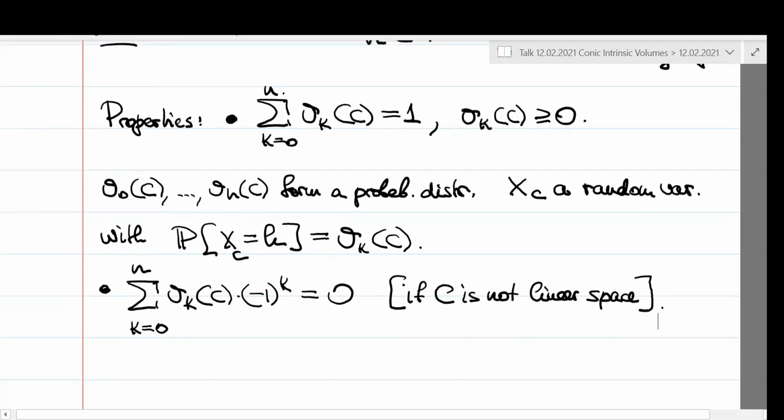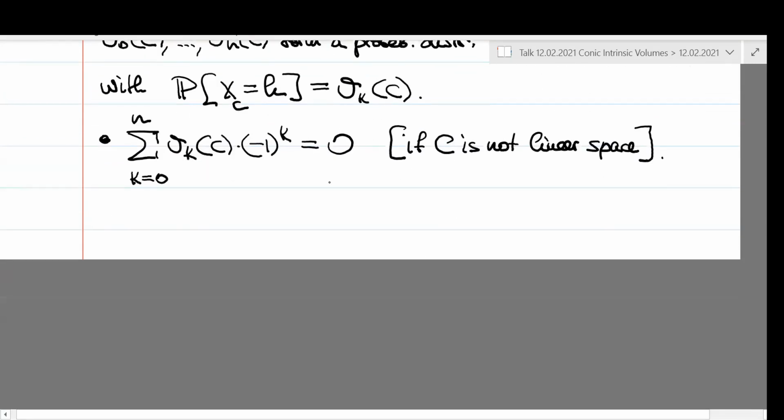And now let me state the Conic-Crofton formula, which is the basic tool to compute the probability that a random linear subspace intersects a cone.